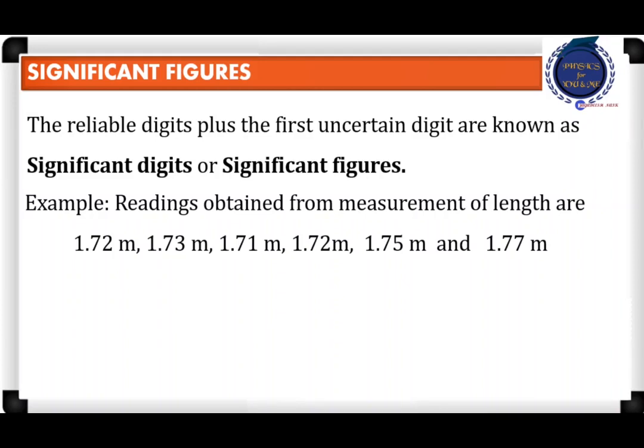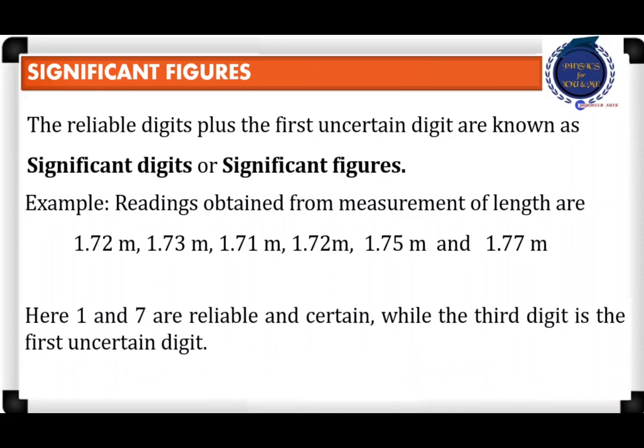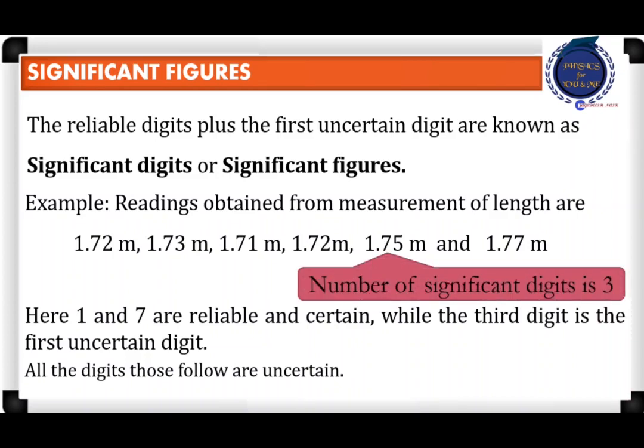Together these three are known as significant figures. Now all the digits which follow the third digit are uncertain. The number of significant digits in each of the readings is 3.